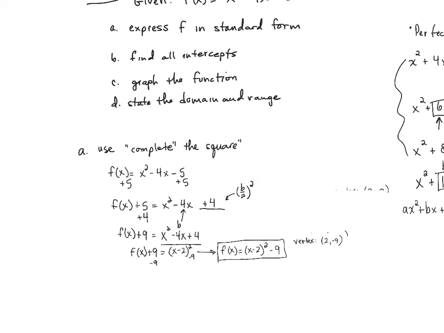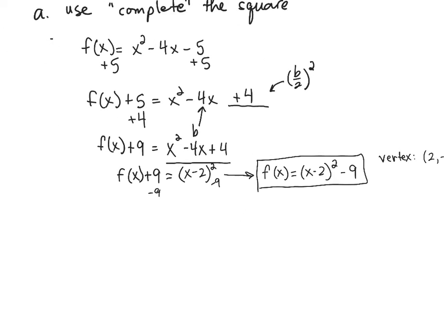Now, part B, find all the intercepts. To find y-intercepts, you let all the x's equal 0. So to find the y-intercept of any function, not just quadratic functions, and this is something that I'll mention a few times in this course because we do a lot of graphing, you let x equal 0.